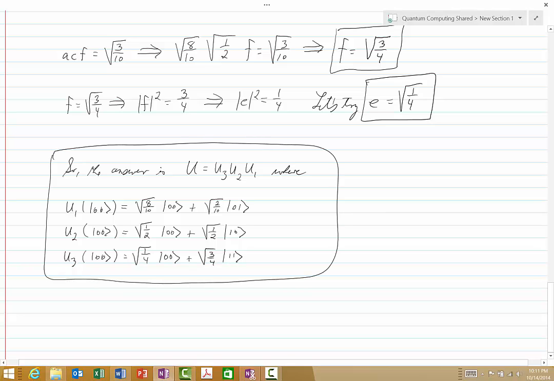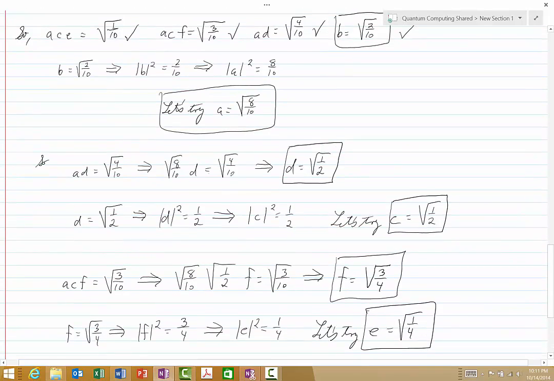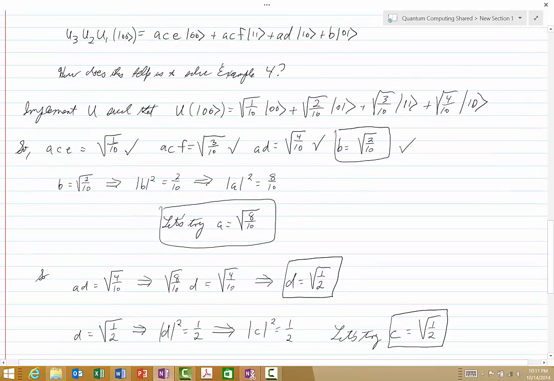Now this is a U that will work. It doesn't mean it's the only U that will work, because as was mentioned, we could have found other values up here. For instance, if we put a phase factor here, there's really an infinite number of A's that would have worked to give us magnitude of A squared equals 8/10.